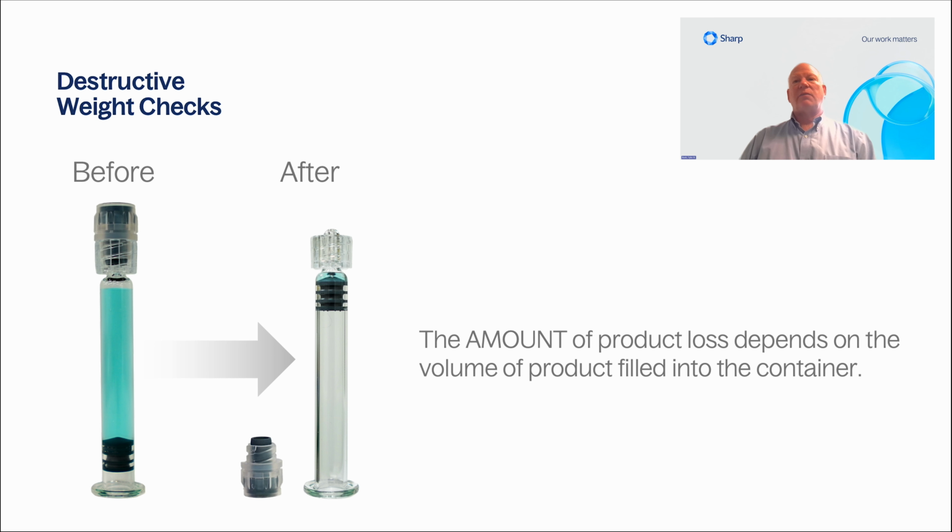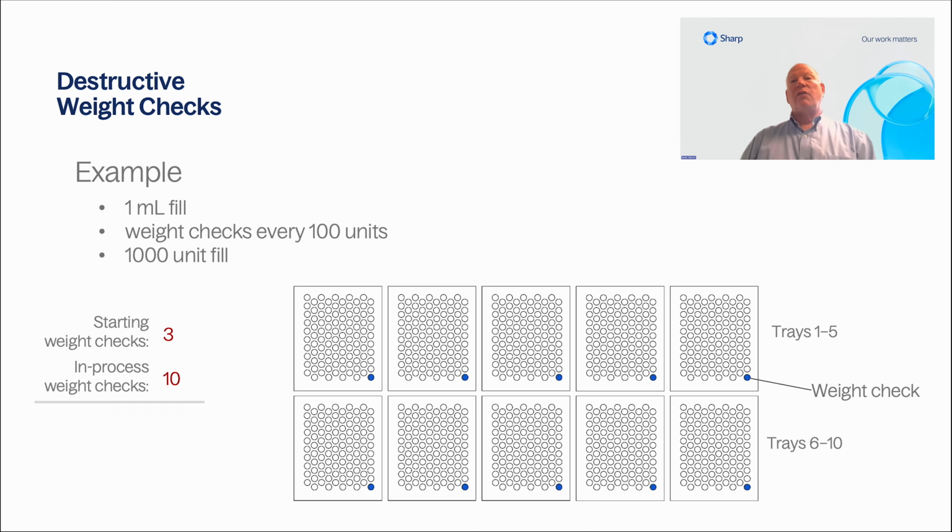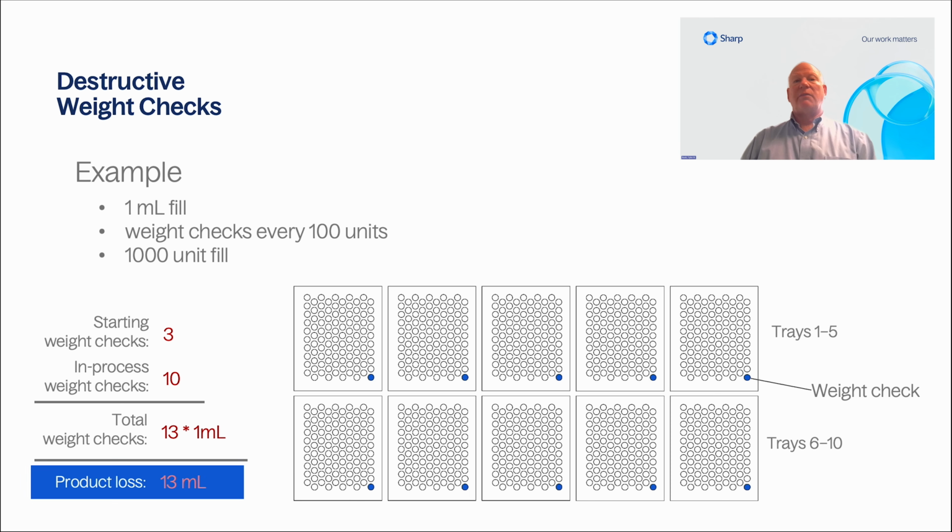But let's assume that we're filling 2R vials with 1 milliliter of drug product, and we're pulling weight checks every 100 units. Then, given all this math, you can expect to lose around 13 milliliters of drug product. This includes an ending weight check to bracket the remaining filled units.